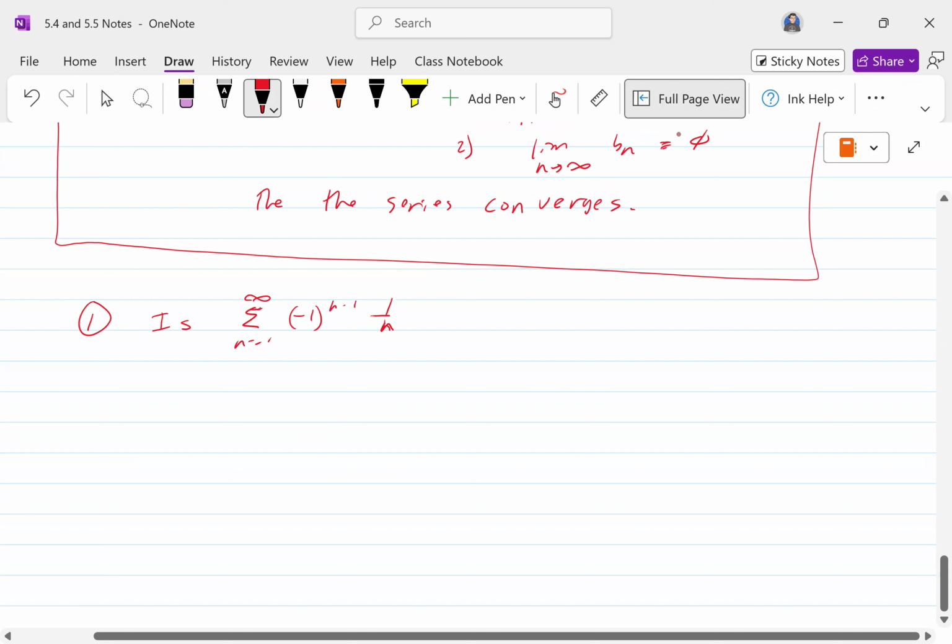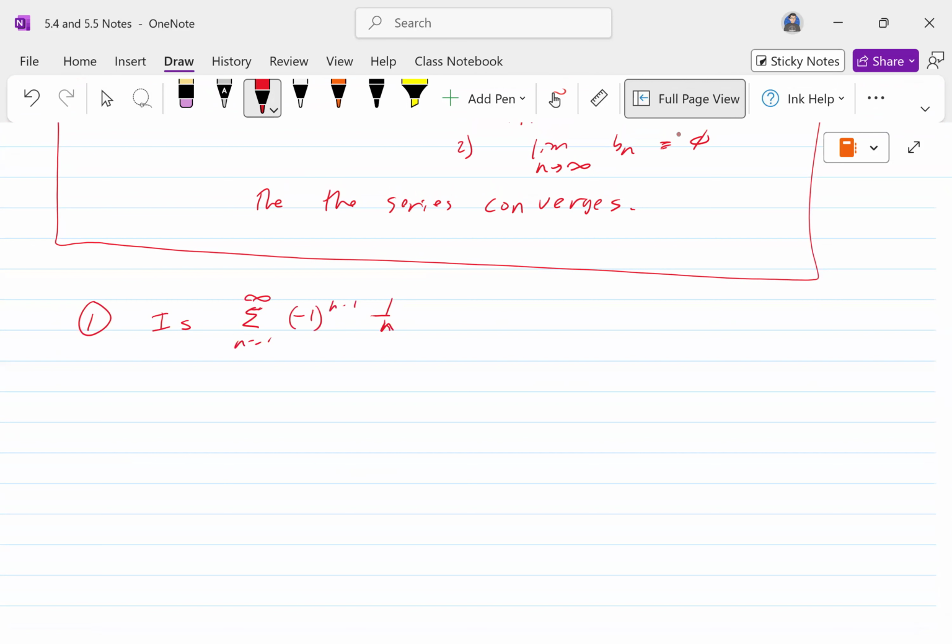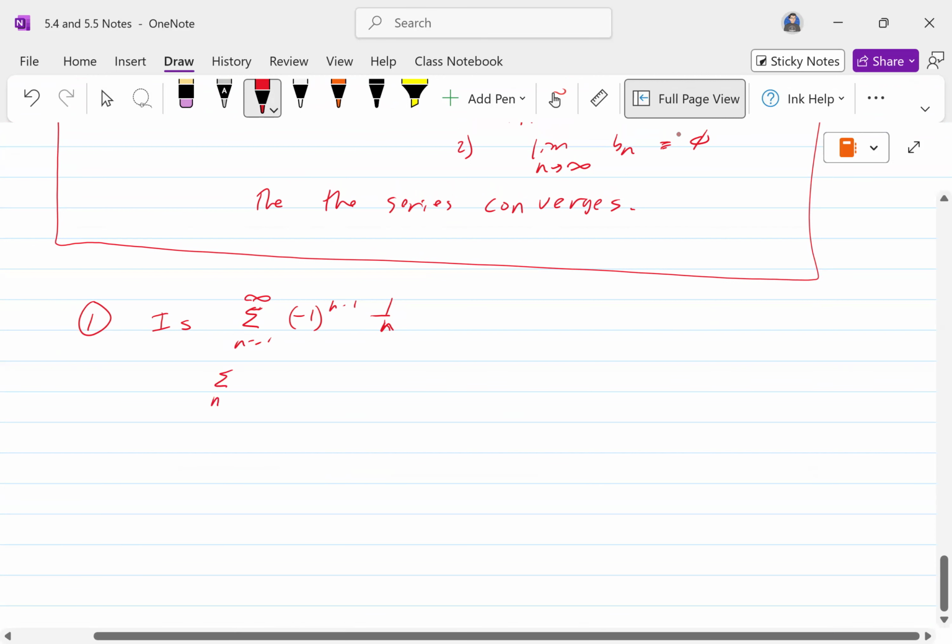If we look at a few terms, n equals 1 to infinity of negative 1 to the n minus 1, 1 over n, that's going to be equal to negative 1 to the 0, 1 over 1, plus negative 1 to the first, 1 over 2, plus negative 1 to the second, 1 over 3, plus dot dot dot.